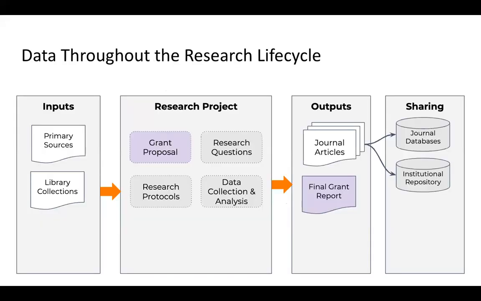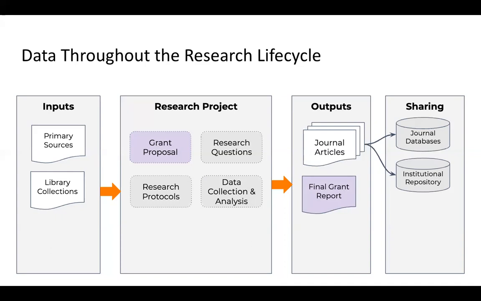So as in some of my other research data seminars, I like to show some iteration of the research data or project lifecycle. Having an idea of the overview of the research process can really help us understand the steps and activities that are involved and break them out into more detail. The diagram on the slide shows how we might work with traditional scholarly resources throughout a project, such as primary sources or collections from the library or databases.